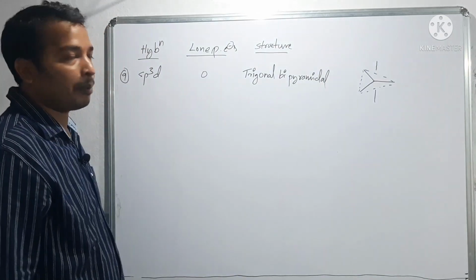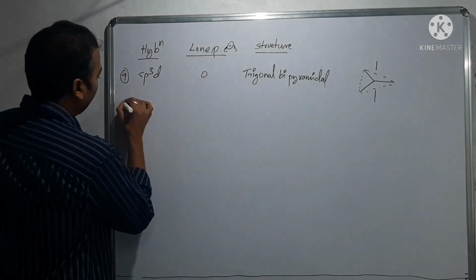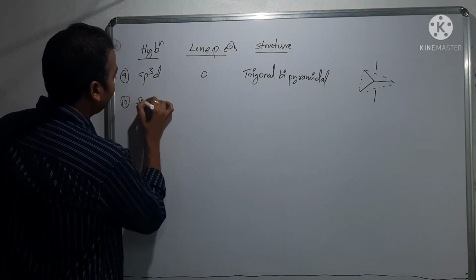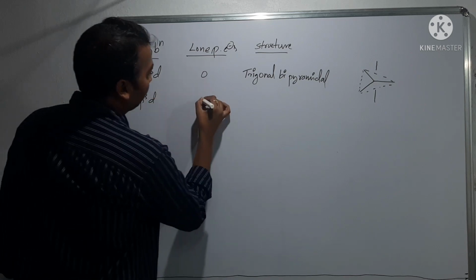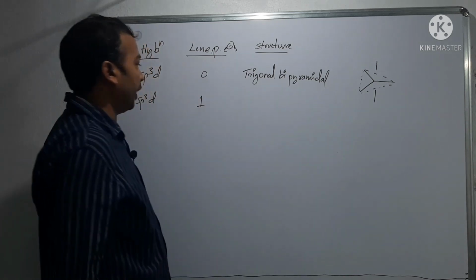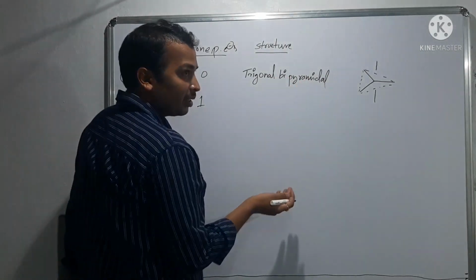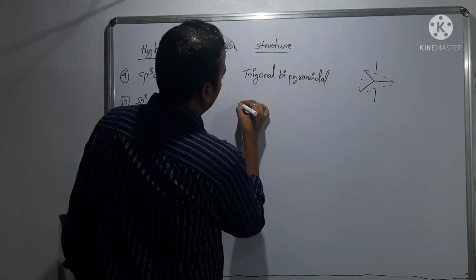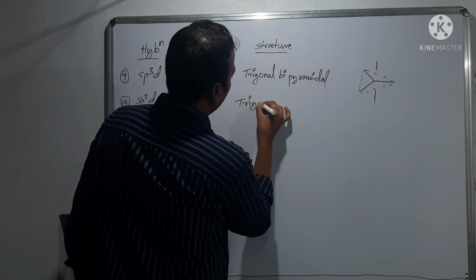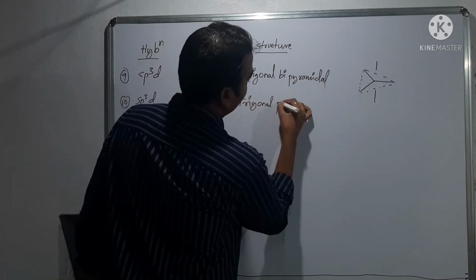Trigonal bipyramidal shape. So what happens if sp3d has one lone pair of electrons? If sp3d has one lone pair of electrons, it has the structure of trigonal pyramidal.